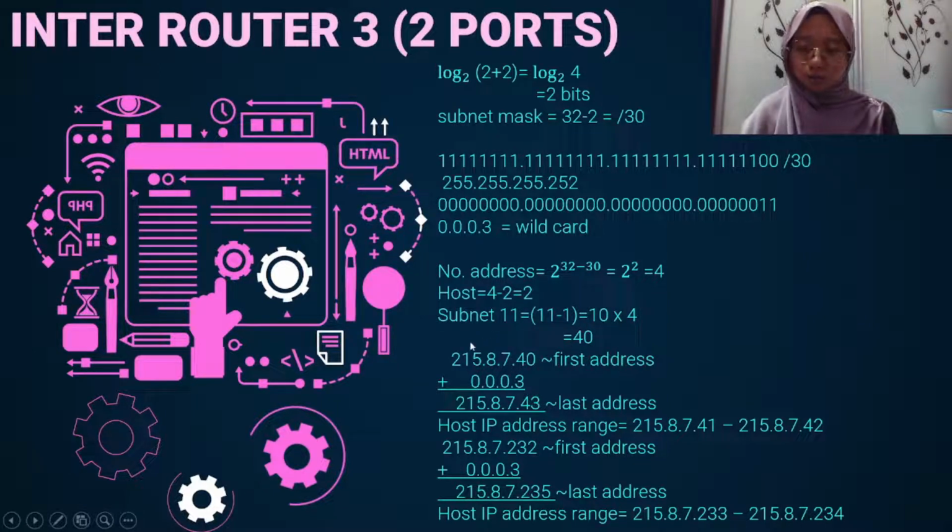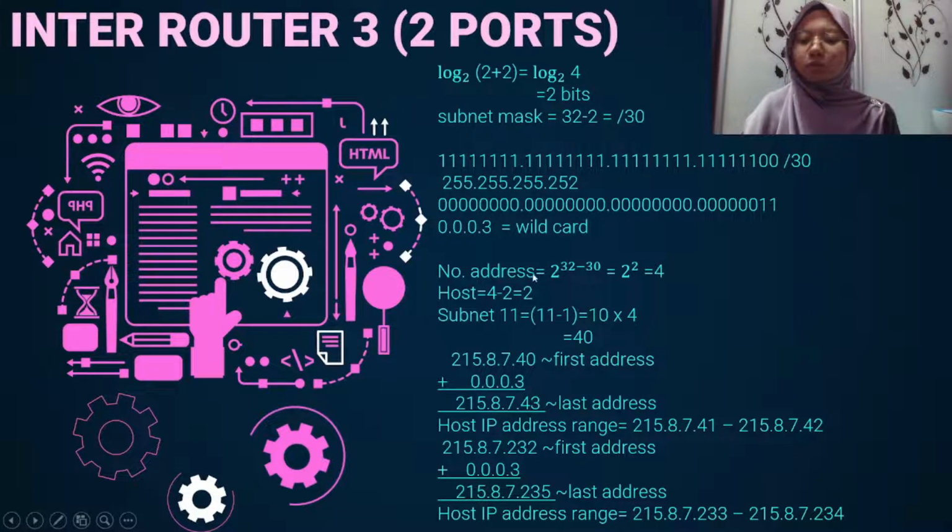So the first address, we put 40, and then we plus the wildcard 0.0.0.3, and get the last address, which is 215.8.7.43. And then the host IP address range would be 215.8.7.41 to 215.8.7.42.